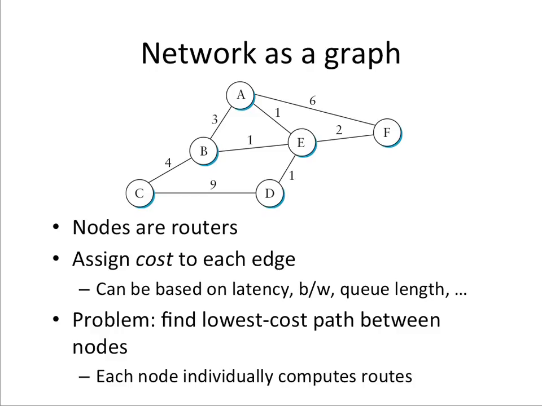For example, we want to find the lowest cost path between C and F using the latency metric. We can simplify the sentence saying we want to find the path with the smallest latency between these two nodes. If we know the latency for each link, can we estimate the latency for the whole path? Yeah. How do we do that? Just add them up, that's right.